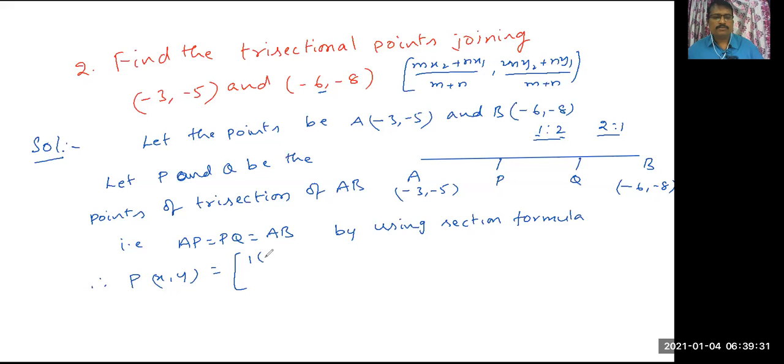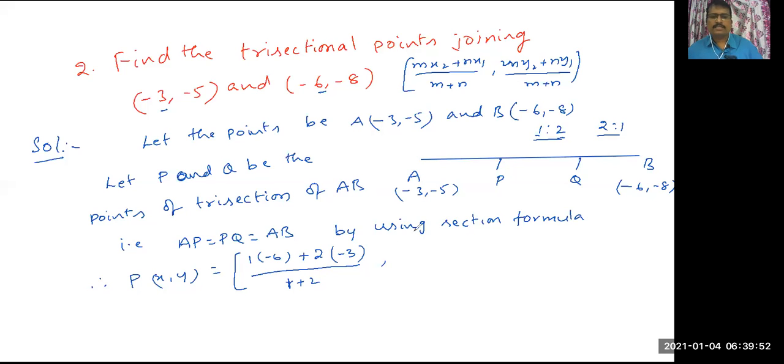So 1 into minus 6 plus n is 2, that's why 2 into x1 is minus 3 by m plus n. m plus n means 1 plus 2.